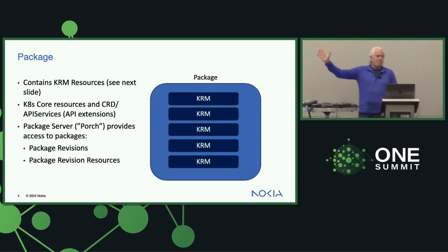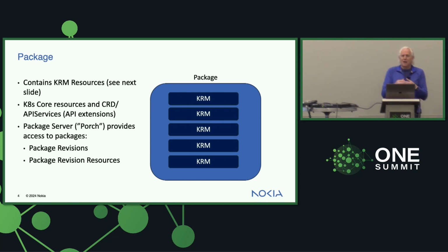we have a concept of a package. Let's use that as a way to express all the different things that we need together. So we ended up going for an approach where we basically said, here is a package. It's a collection of KRM resources, and what that KRM is depends on what you want to deploy.